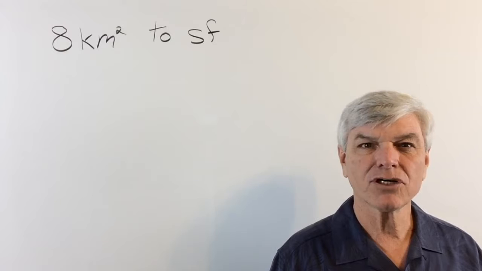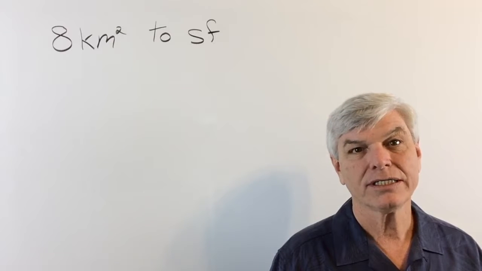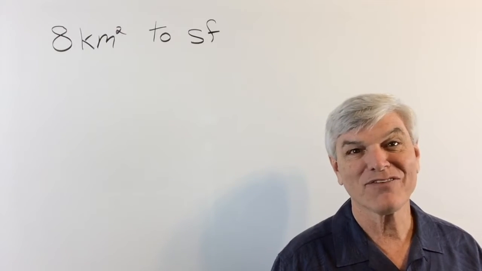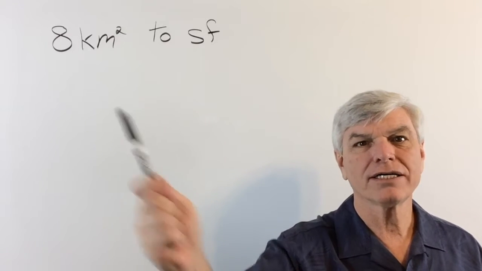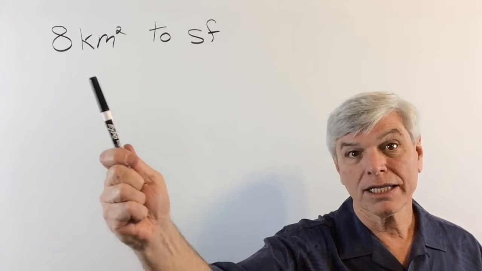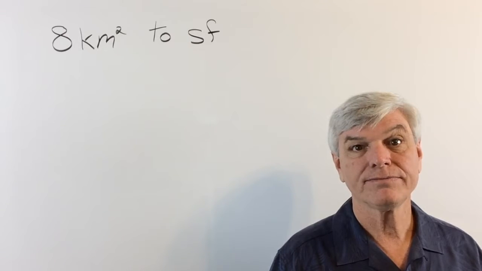Because that's the conversion point. 2.54 centimeters to 1 inch. And then I'm going to have to convert inches to square feet. And I told you I wasn't going to tell you that. But anyway, let's convert kilometers down to centimeters.